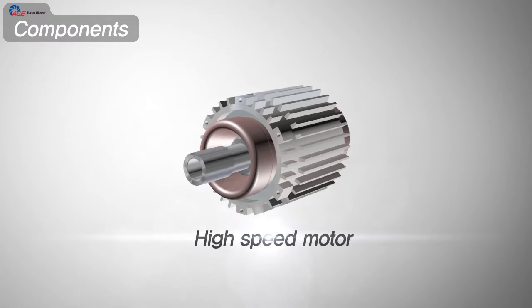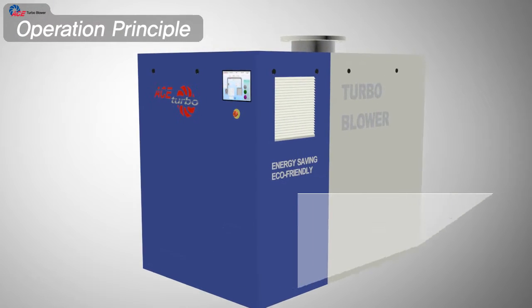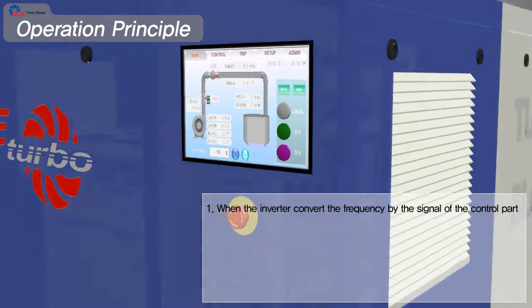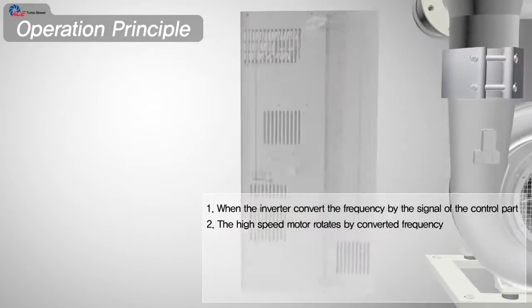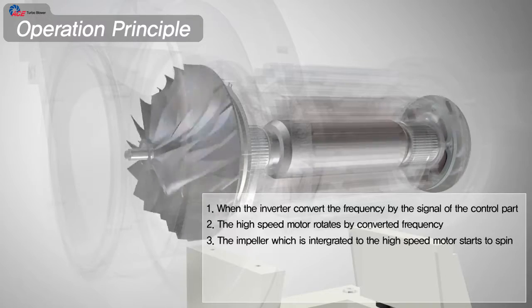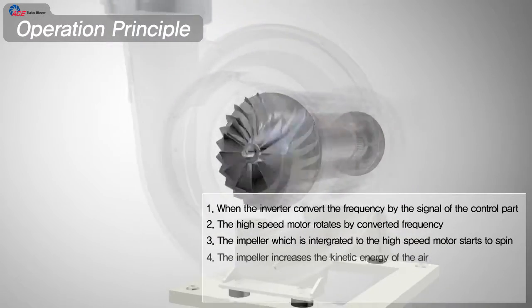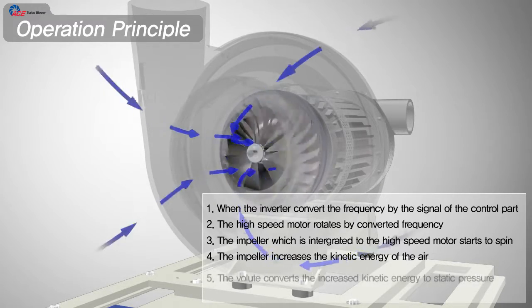Finally, the high-speed motor. The principle of the turbo blower is as follows. When the inverter converts the frequency by the signal of the control part, the high-speed motor rotates by the converted frequency. And then the impeller, which is integrated to the high-speed motor, starts to spin. The impeller increases the kinetic energy of the air and the process gases.